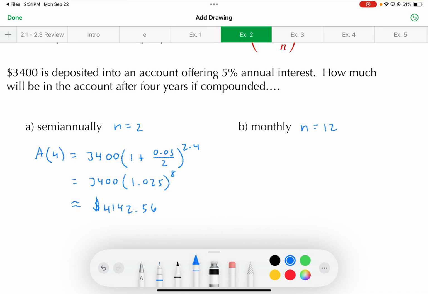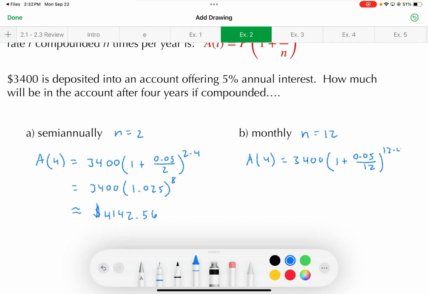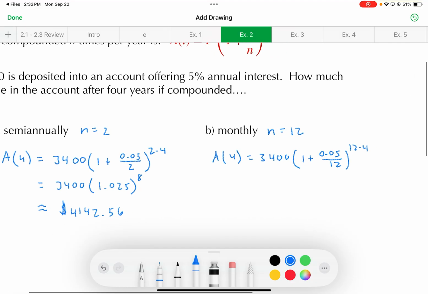12, right? So A of 4, the amount after 4 years in this scenario, would be 3,400 times 1 plus 0.05 divided by 12 now to the power of 12 times 4. Okay, now if you try to simplify what's in the parentheses there, this time you should end up with a repeating decimal.